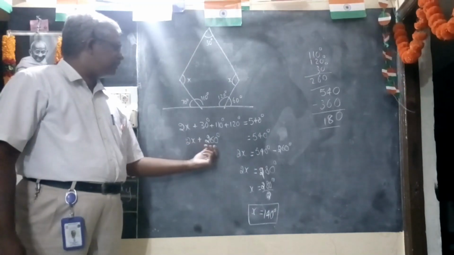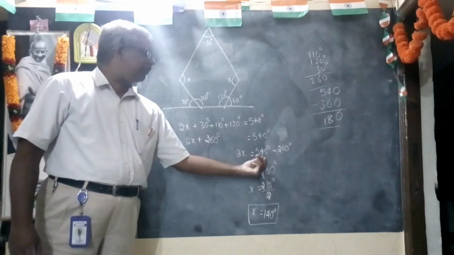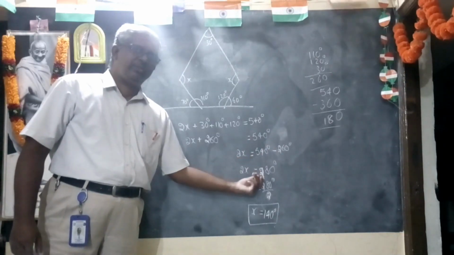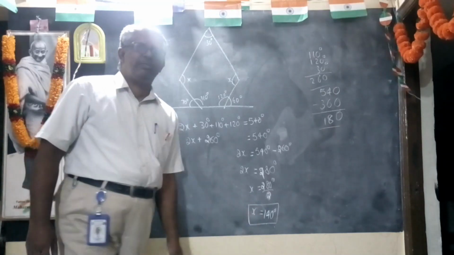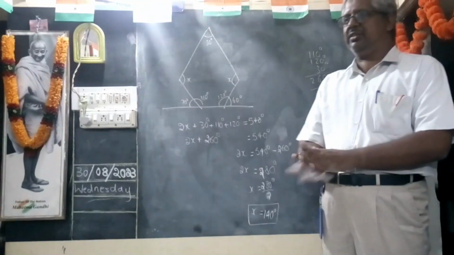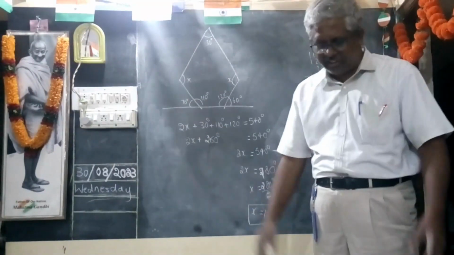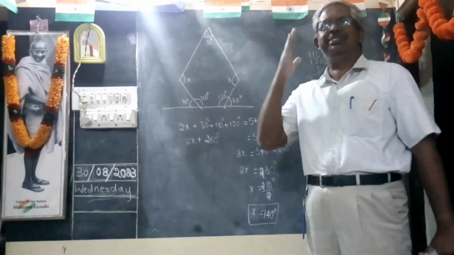We got 2x plus 260, which is going to be 540. 2x is equal to 540 minus 260, which gives 2x is equal to 280, and x is equal to 280 by 2, which is x is equal to 140. So with this, try to do exercise 4.1. We'll meet in exercise 4.2 next time.